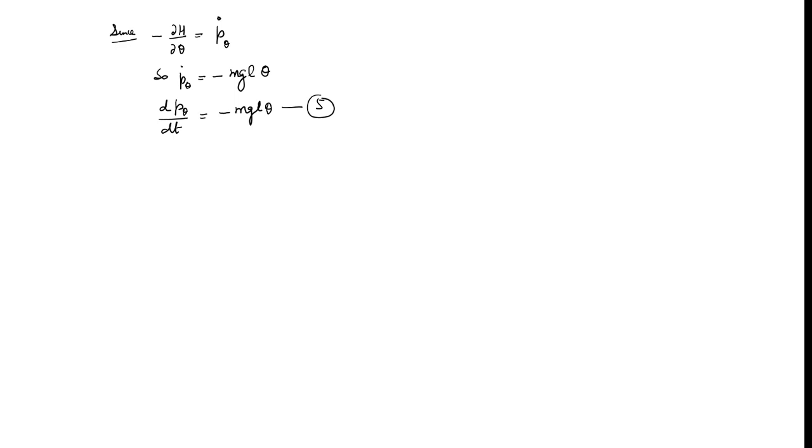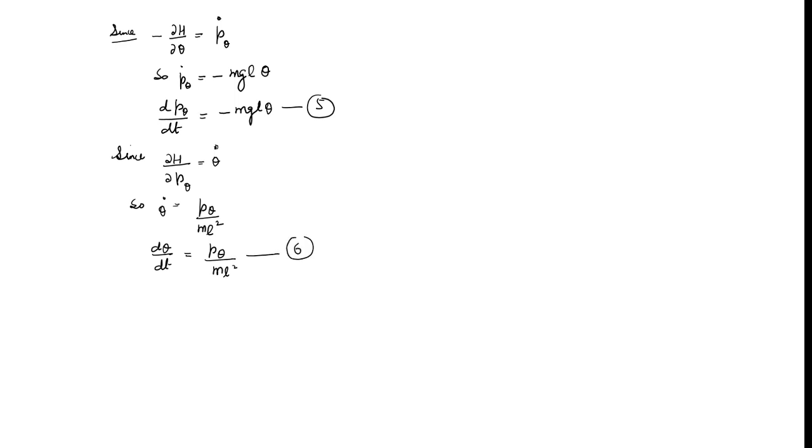Similarly, from another equation of motion, delta H delta p theta is equal to theta dot, so I am using this. So theta dot is equal to p theta upon ml square. This may be written as d theta dt is p theta upon ml square.